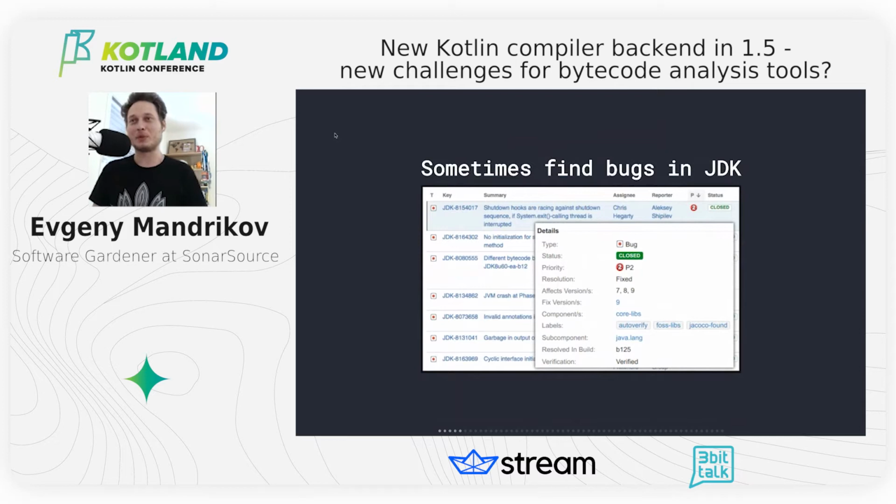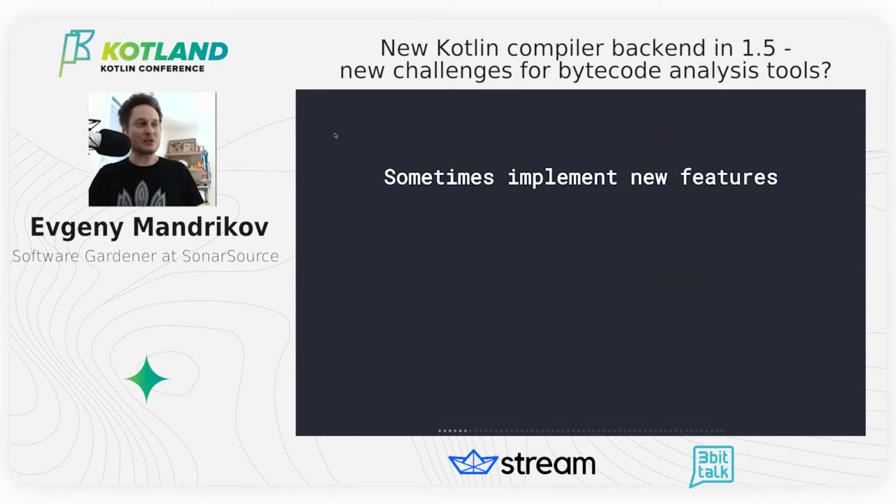Quite recently, we reported a few about switch pattern matching in JDK 17. This takes our time, of course. We also test a wide range of Kotlin versions. This also takes our time. And sometimes, yes, sometimes we do implement new features. About these features, we indeed are going to talk today.